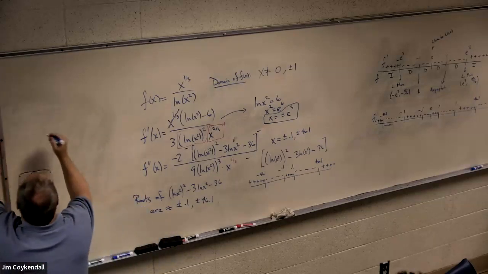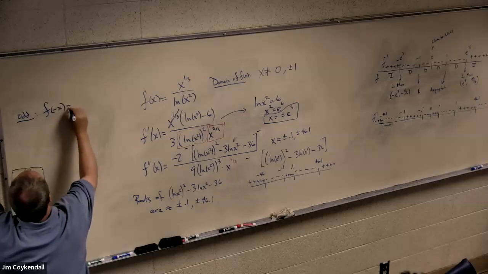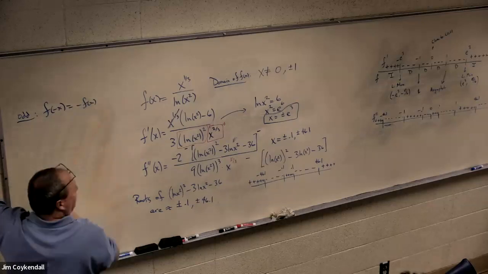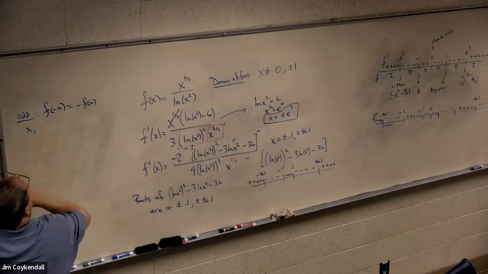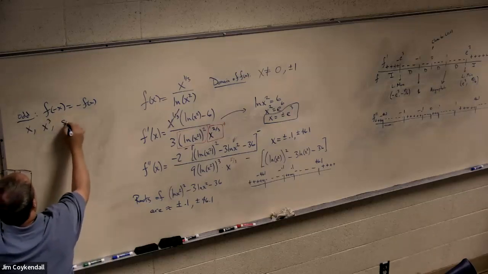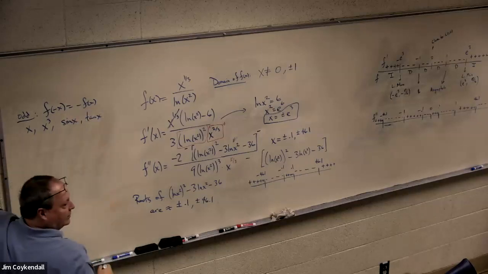What it means to be odd is f of minus x equals minus f of x. Some functions that satisfy that are odd are functions like f of x equals x cubed, sine x, tangent x. These are all odd functions.